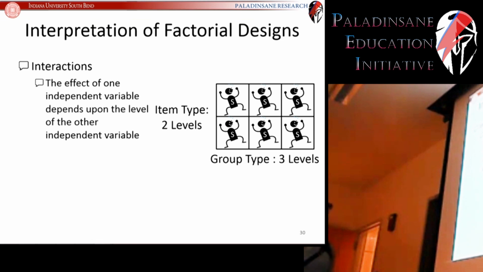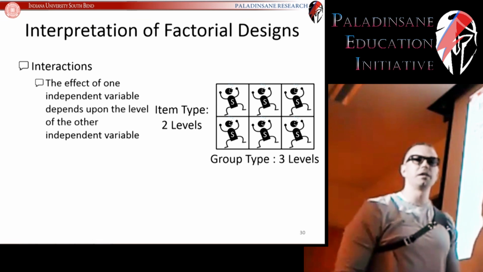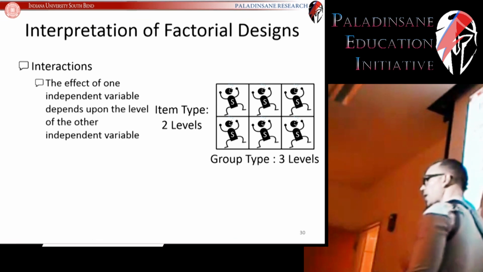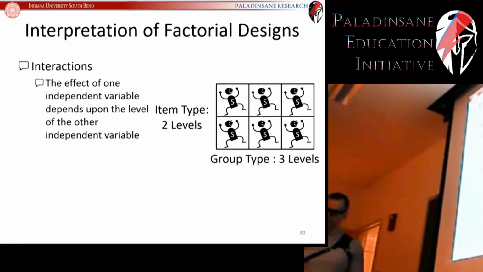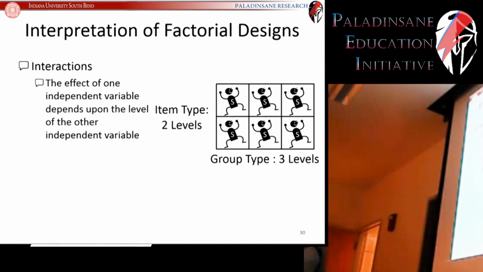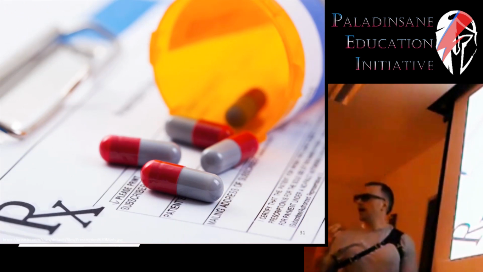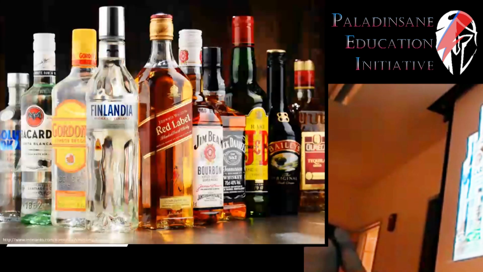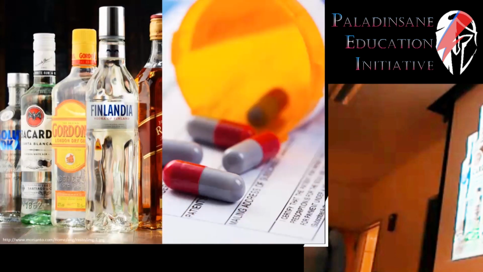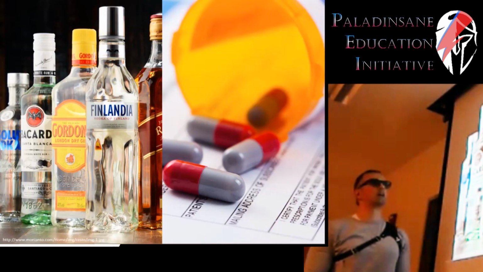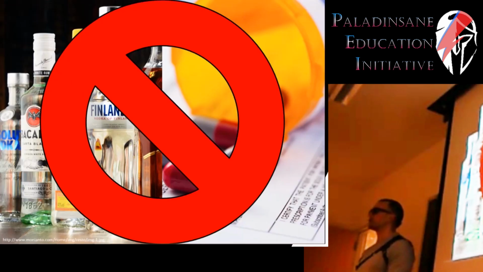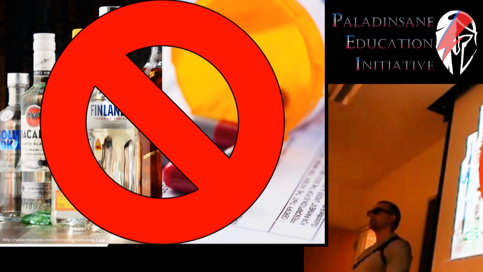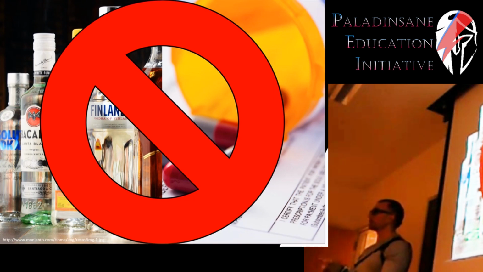And the easiest way I find for people to conceptualize or remember the idea of interactions in an experiment is to think about an interaction that we're probably all familiar with, an interaction that we've probably all been warned about, and that is the interaction between prescription drugs and alcohol. When you get prescribed prescription medication, usually one of the things that it says is do not take that prescription medication with alcohol. And the reason for that is because of drug interactions.